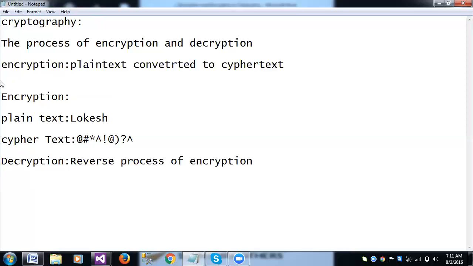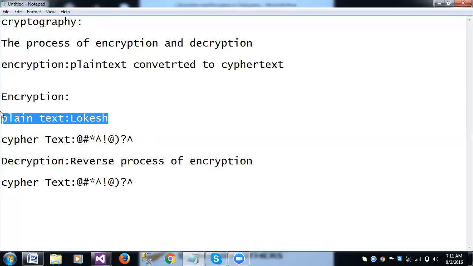So what is the reverse process? Encryption takes plain text as input and gives ciphertext as output. Now here, ciphertext is the input, whatever information is already available in the form of cipher, and it is converted back to plain text again.